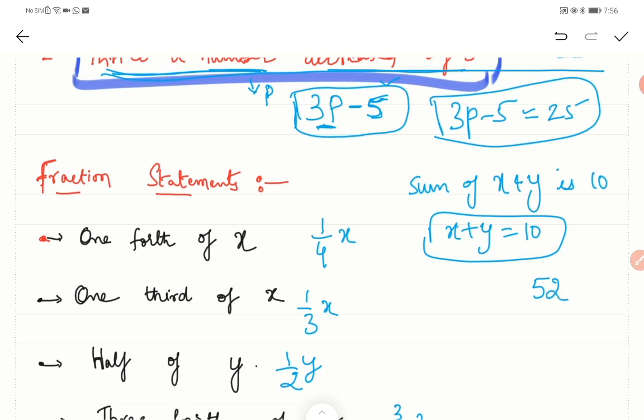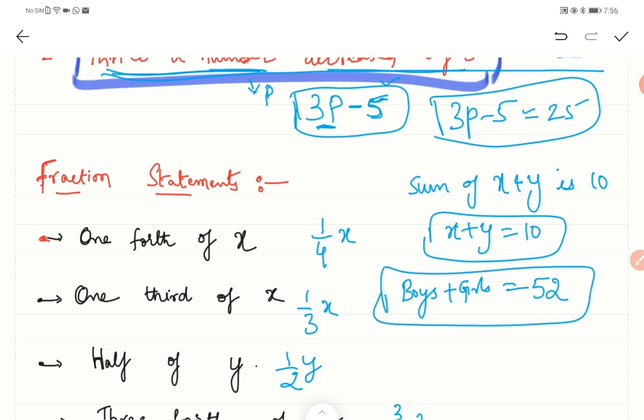Boys plus girls is equal to 52. You can take the number of boys as variable x and the number of girls as y, that is x plus y is equal to 52.